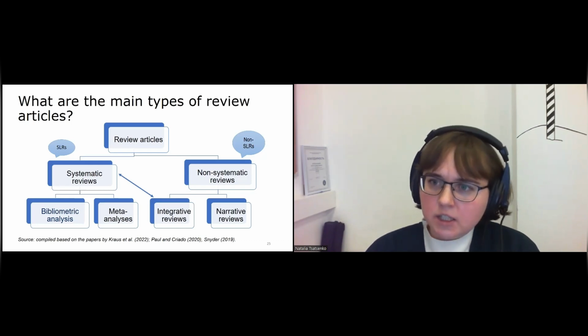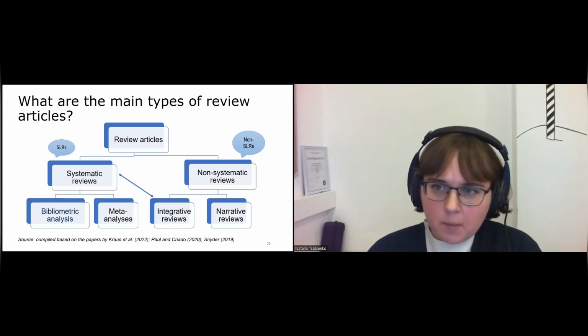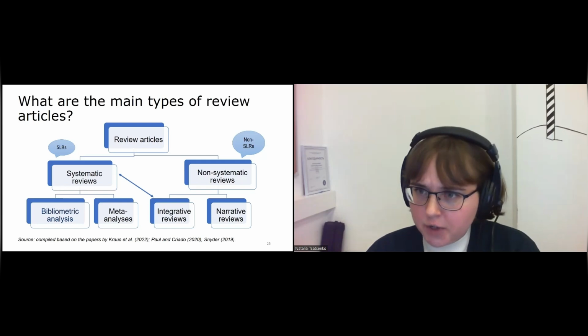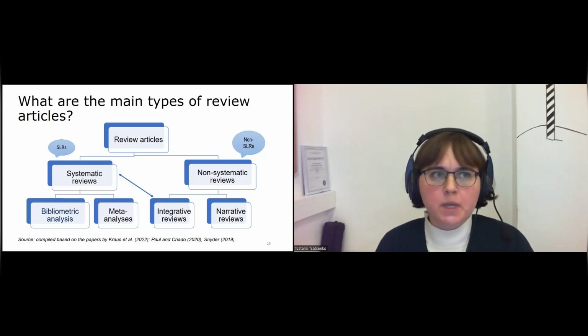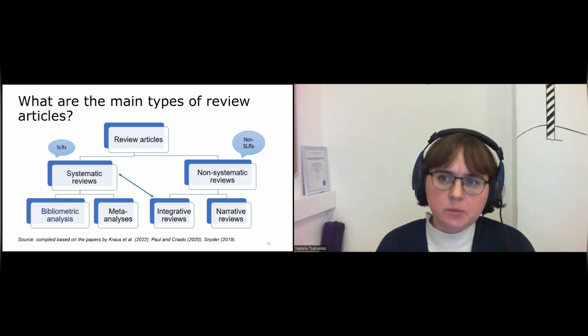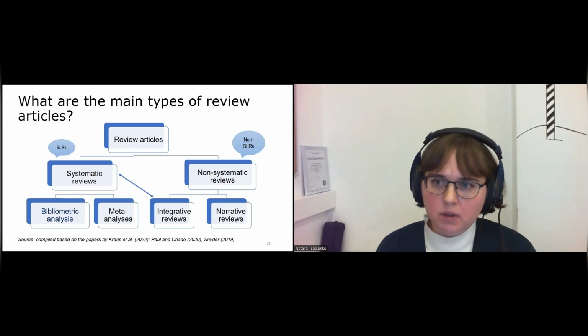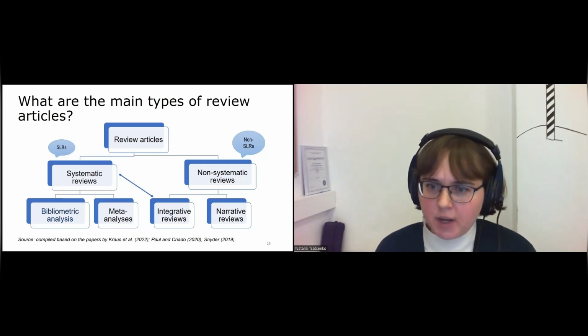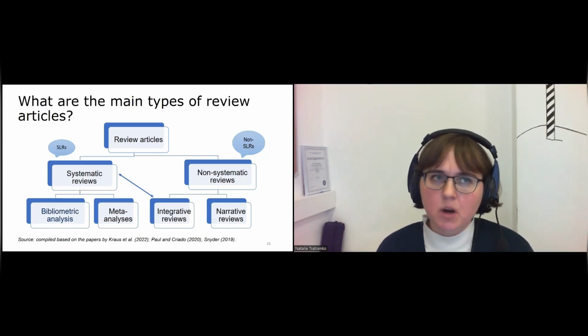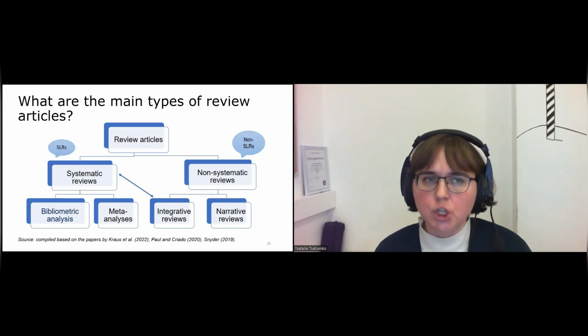But on the other side, in comparison with narrative reviews, it needs to be more precise and explain what our sample is and what the criteria are, because usually, if we think about narrative review, this is the key issue.